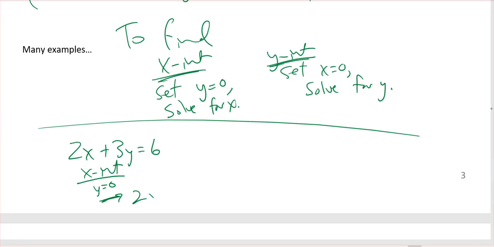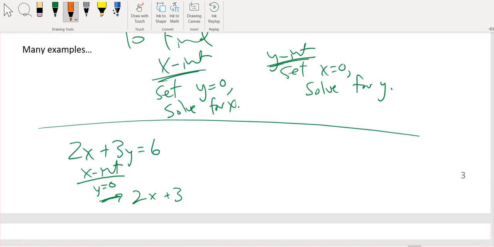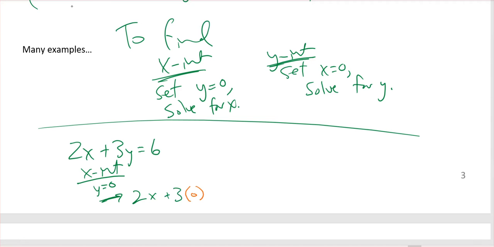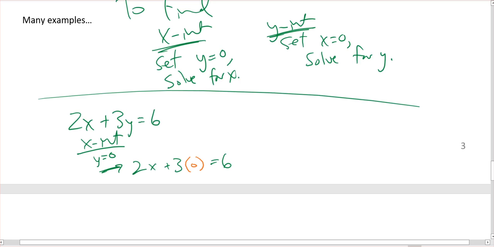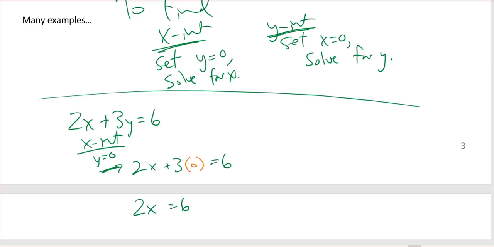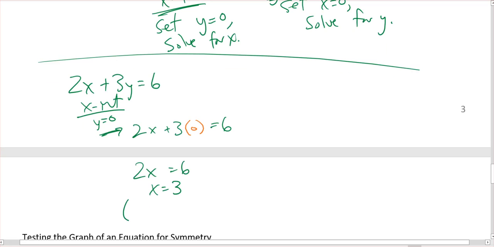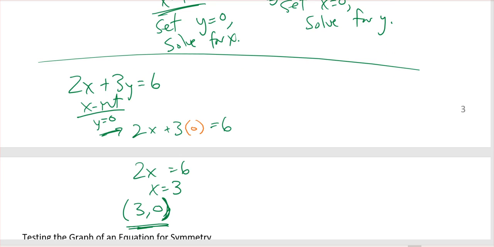So we've got 2 times x plus 3 times 0, and we ask, what does the x value have to be to make that true? 3 times 0 is just 0, so we get 2x equals 6, then we divide by 2 and get x equals 3. So our x-intercept is the point (3, 0) for this graph. Wonderful.